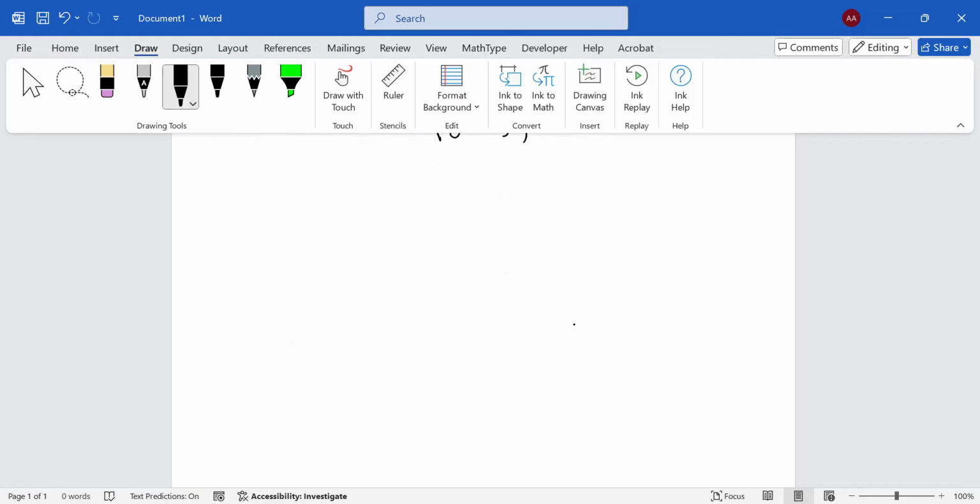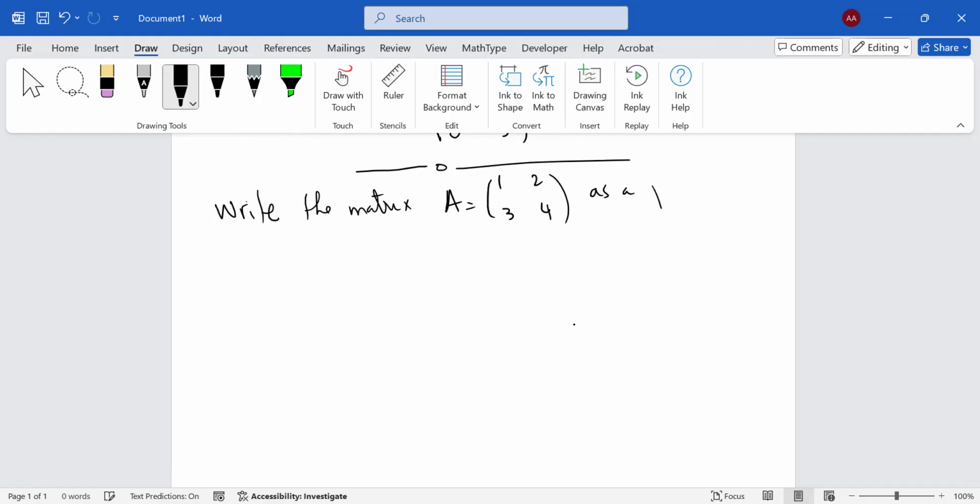So now, for instance, if on your test you have: write the matrix A equal 1, 2, 3, 4 as a product of elementary matrices.